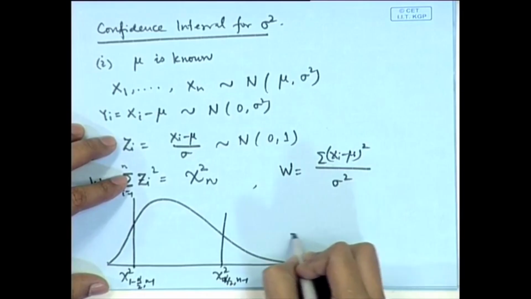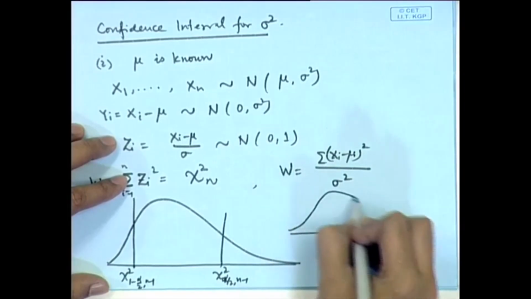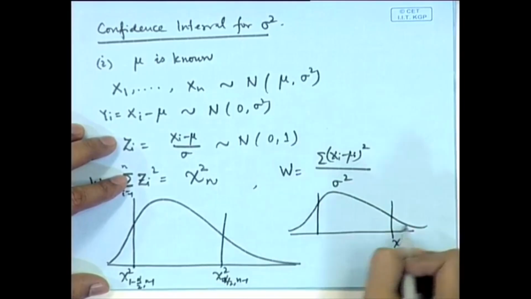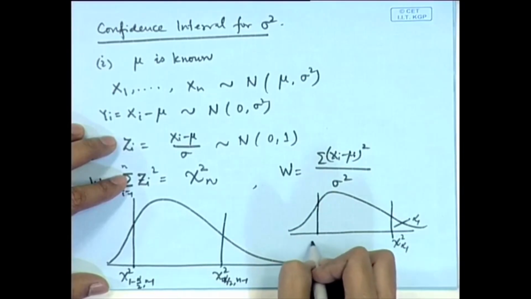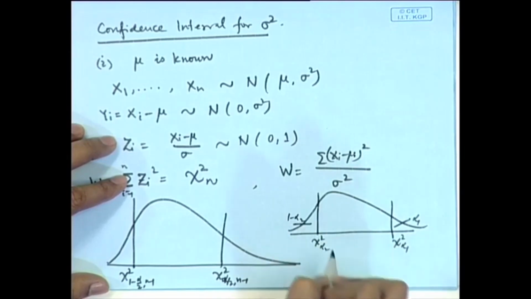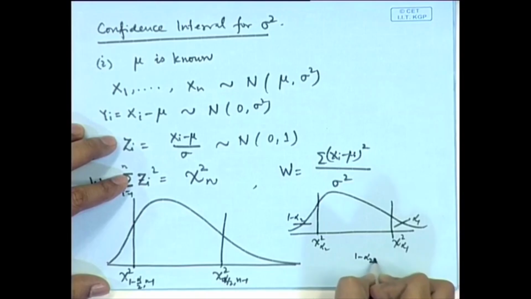In general, because the chi square distribution is not symmetric, one may consider chi square alpha 1, meaning this probability is alpha 1, and chi square alpha 2, meaning this probability is 1 minus alpha 2, such that 1 minus alpha 2 plus alpha 1 is equal to alpha.